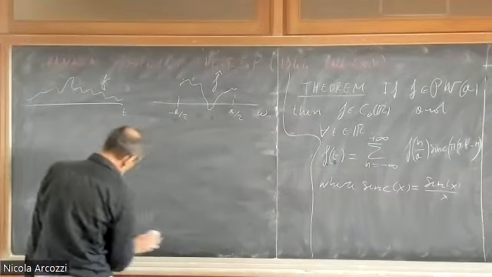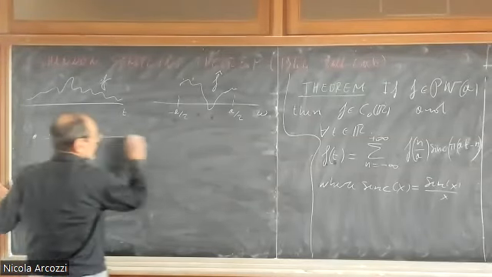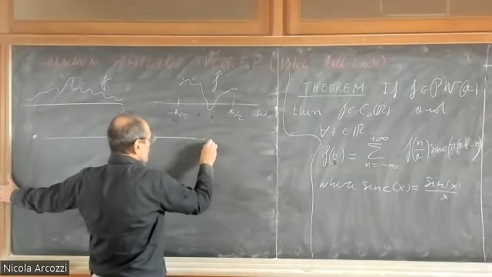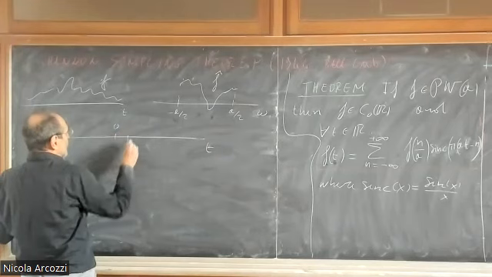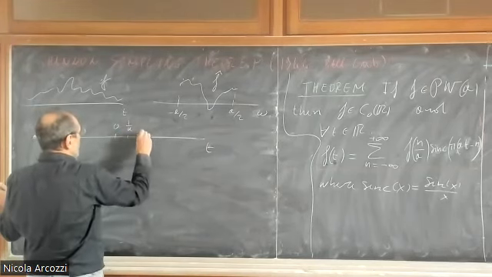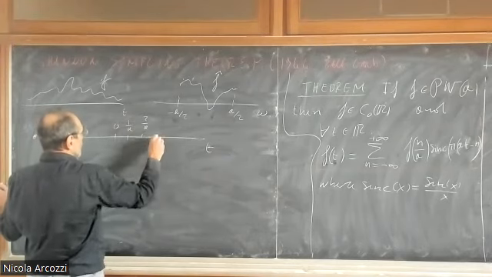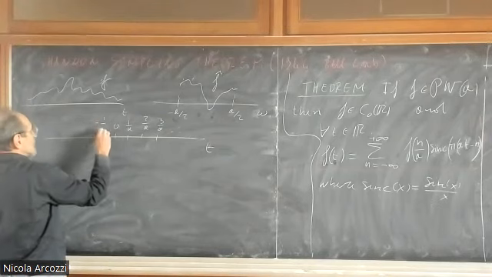So first remark is a picture: here there is the real line, the timeline, and we have 0, 1 over a, 2 over a, 3 over a, and minus 1 over a.